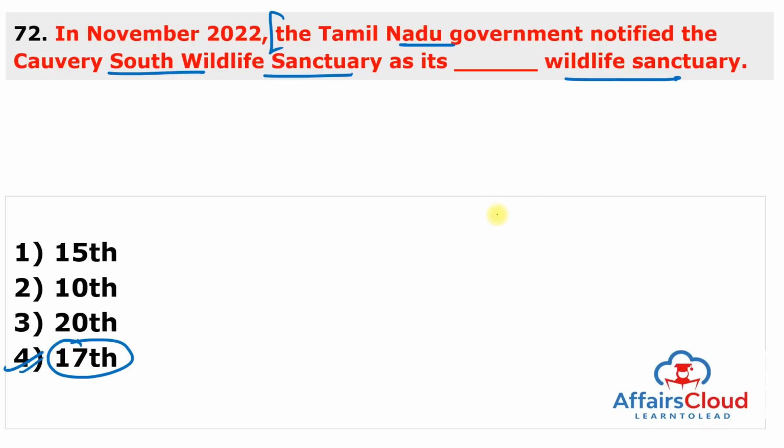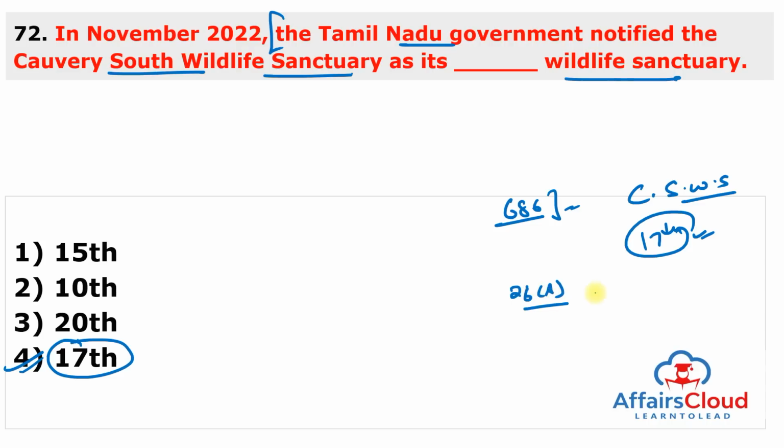So Tamil Nadu government has declared around 686 square kilometer of reserve forest in the Urigam in the Jwalagiri ranges of the Hosur Forest Division that comprises forest stretches of the Krishnagiri and the Dharamgiri districts as the Kaveri South Wildlife Sanctuary, and this is the 17th wildlife sanctuary of the Tamil Nadu, and it has been notified under section 26A of the Wildlife Protection Act of 1972.